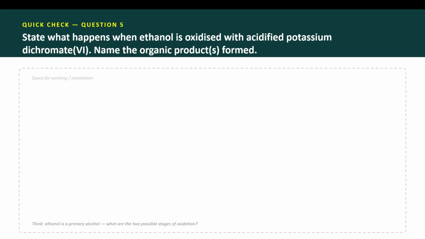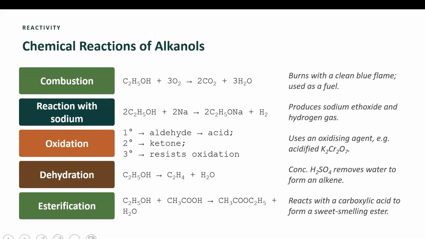Remember I said it is oxidized in 2 steps. What's the first one? What's the second one? Okay, let me tell you what it is. I'm going to go back now and tell you what it is. Keep your microphone open. Let's go back to oxidation.